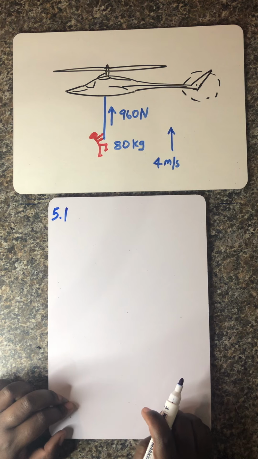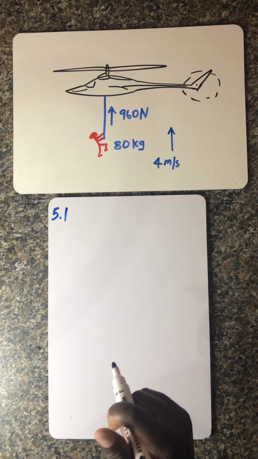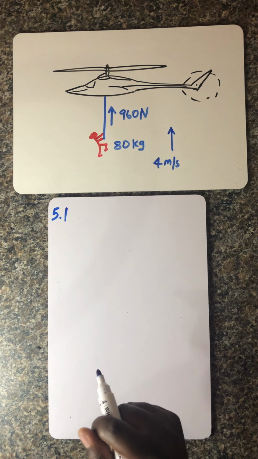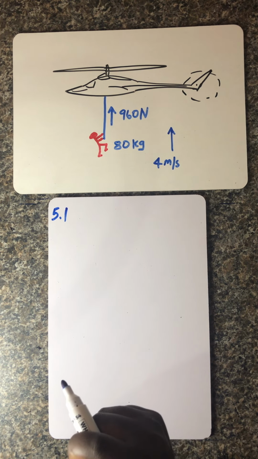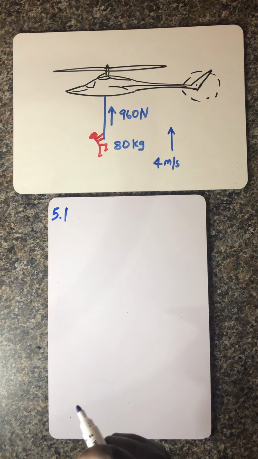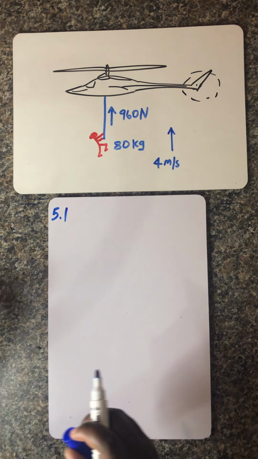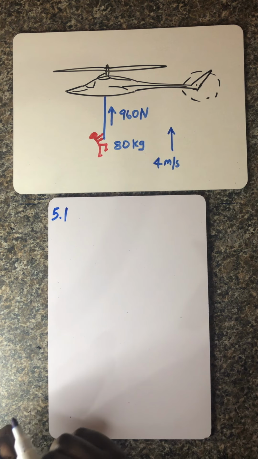5.1. So ladies and gentlemen, normally in physical sciences, when they request you to state either the theorem, they could be saying define whatever that it is. Ladies and gentlemen, what matters the most is that you are able to know the chapter that you are dealing with.